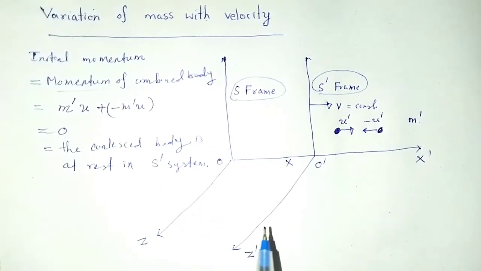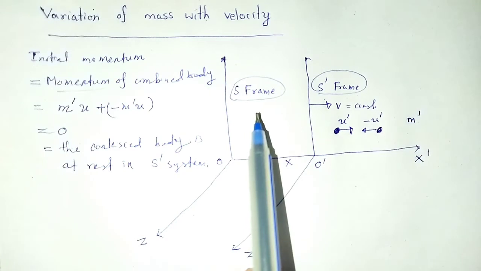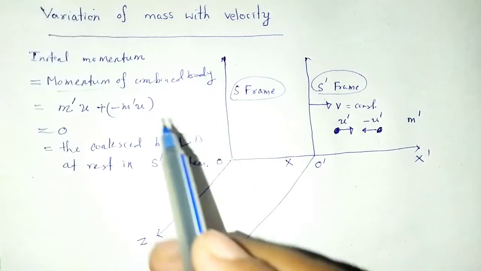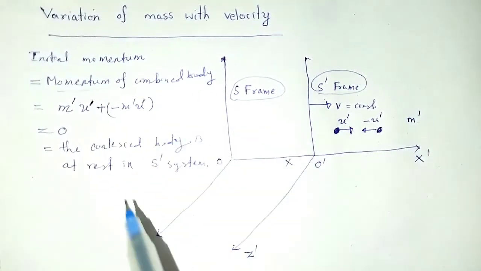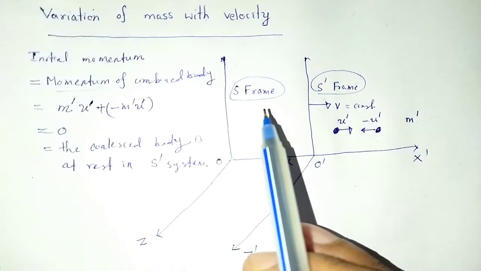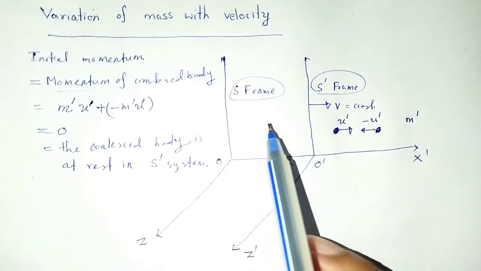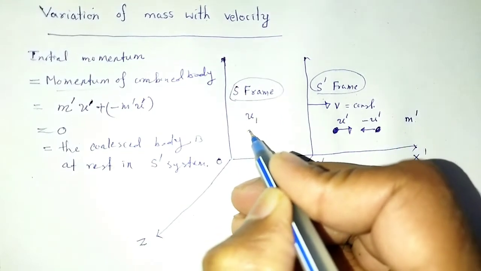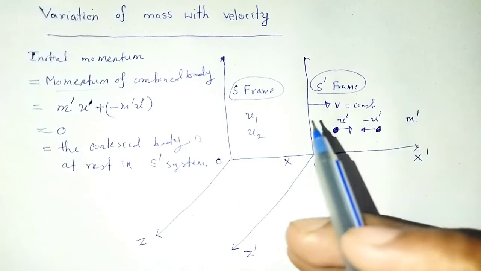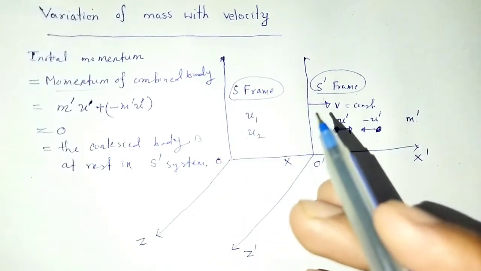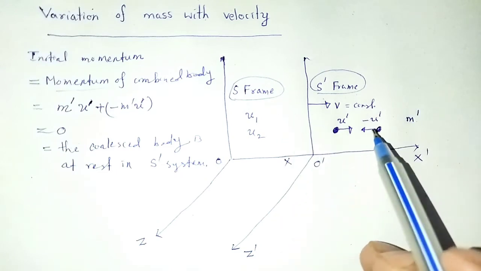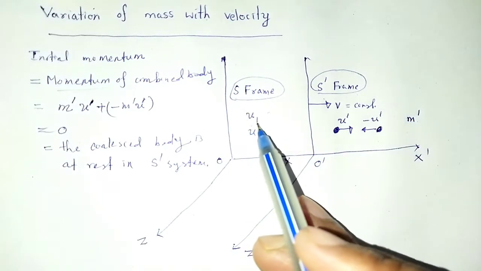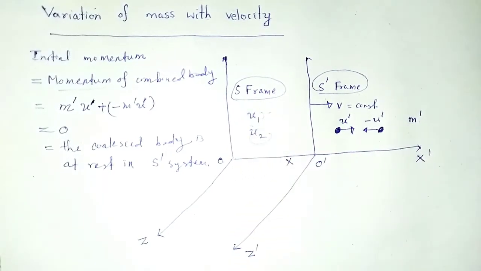If we consider the collision in the S frame, then let u1 and u2 be the velocities of the two balls with respect to the S frame.